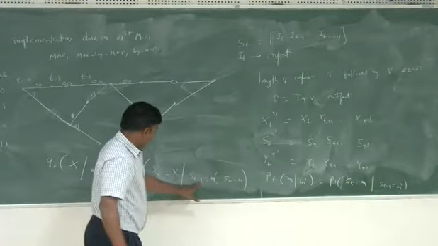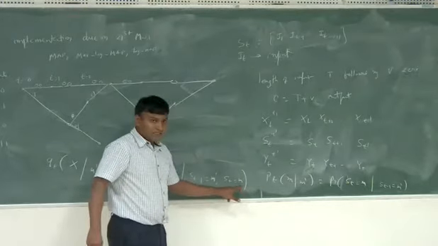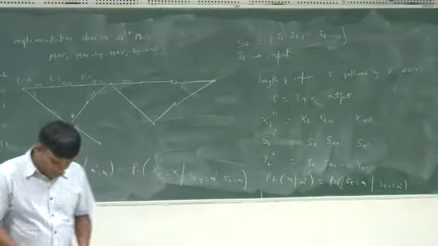You can see that t minus 1 is associated with m prime and t is associated with m.